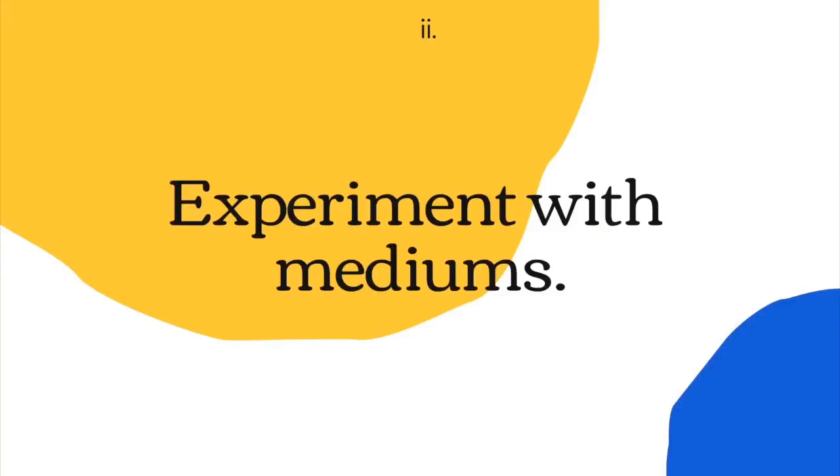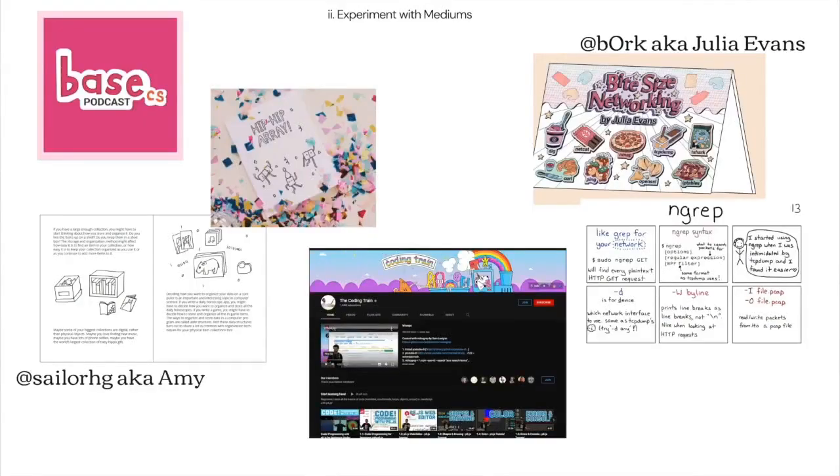Another thing to consider is to experiment with mediums. There are already so many brilliant creative technologists out there who are doing this and who are branching out into comics, into animation, into YouTube videos, into podcasts, into so many different ways of communicating technical information, right? And it's really up to you to decide what medium your communication best lends itself to.